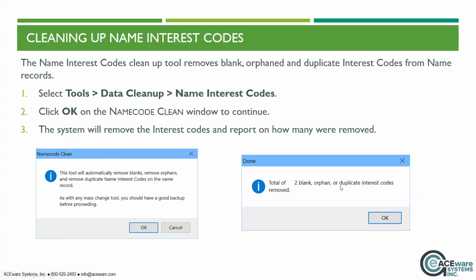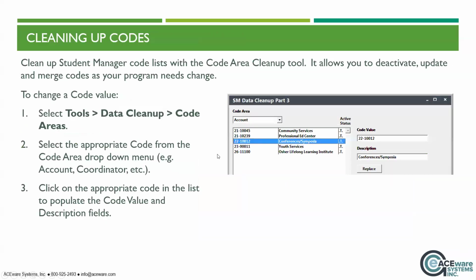So it's going to look and make sure that someone doesn't have the computer interest code multiple times on there. And this especially will happen when you do a name combine. It moves all those interest codes over, and sometimes it doesn't catch that they had the same interest codes on there.